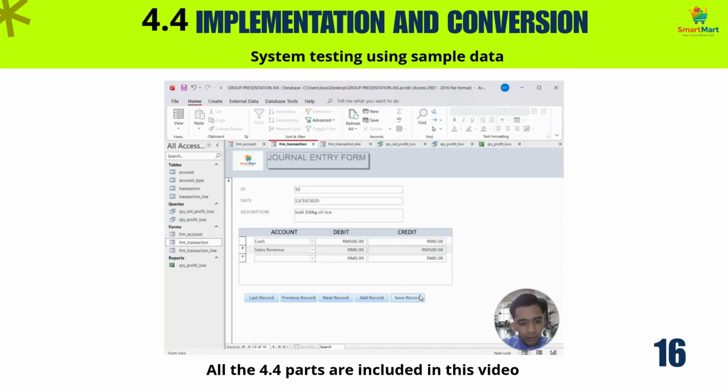So I will save the record. And this sample data is entered for testing and demonstration purposes. The data is saved directly into the database through the form.